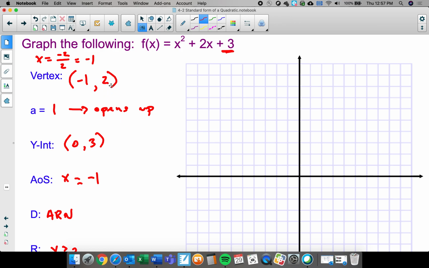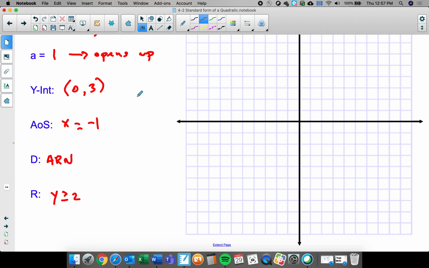That'll be the lowest y value on this graph when we go through and graph it. Or again, if you want to write that as interval notation, that means your lowest point is 2, and it's going to infinity. That's another way of writing that. Bracket, because we're including the 2, just like we have the equal to sign under here. Parenthesis, because we cannot include infinity because it's not a number.